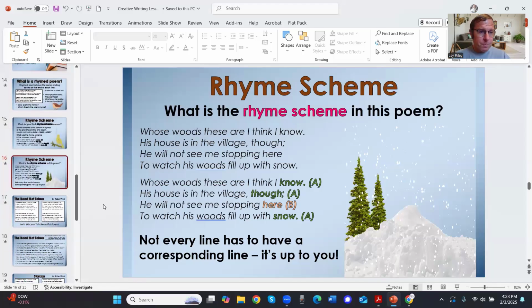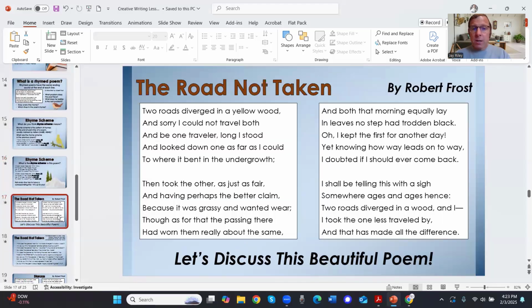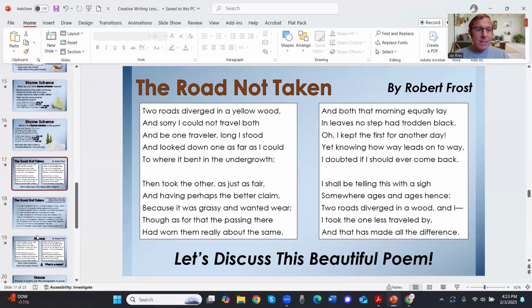Okay, so here I have The Road Not Taken by Robert Frost. This is my favorite poem. I want to talk briefly about stanzas. Stanzas in poetry are like paragraphs in prose. Stanzas aren't indented. We don't always have those transition words that signal movement between paragraphs.